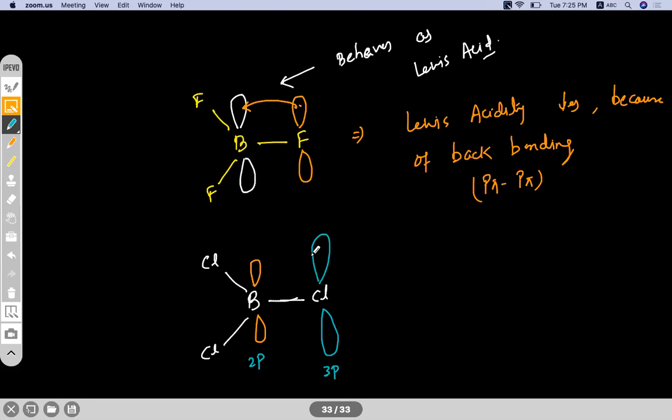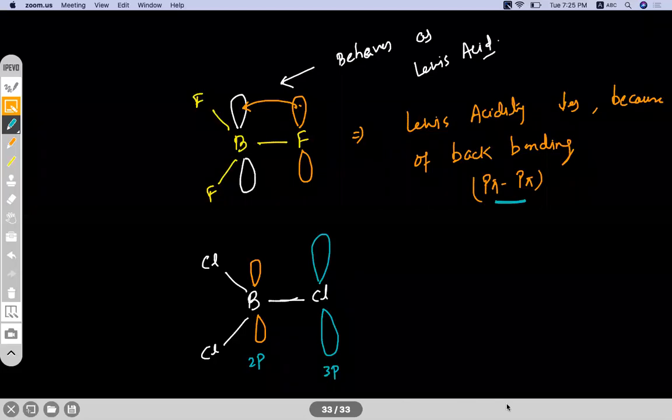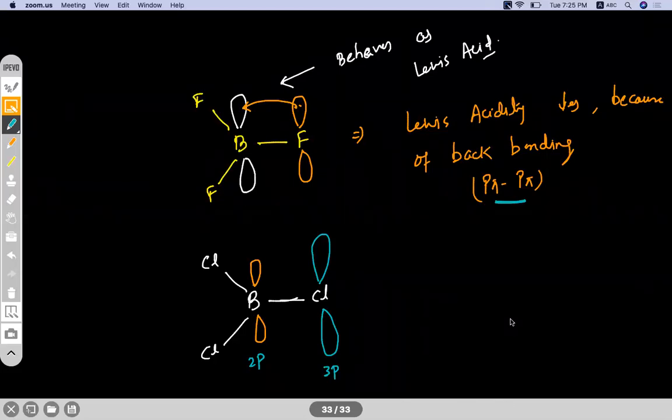So the more the size difference, the lesser the tendency for back bonding. Hence we can say the p-pi back bonding tendency is maximum in BF3 and minimum in BI3. Would you agree with me on this? Yes, is it clear?